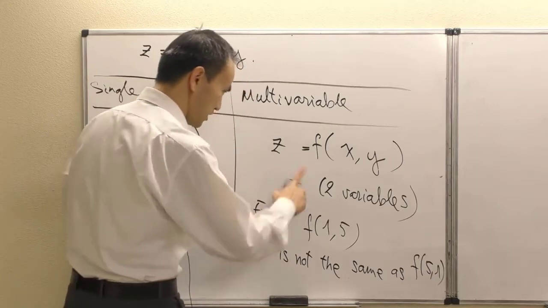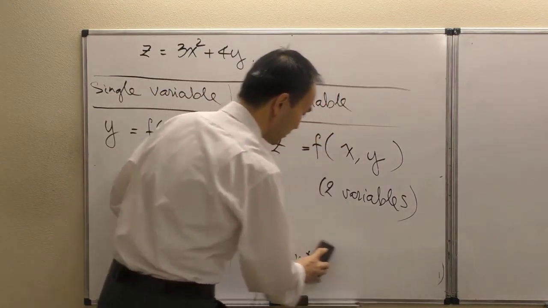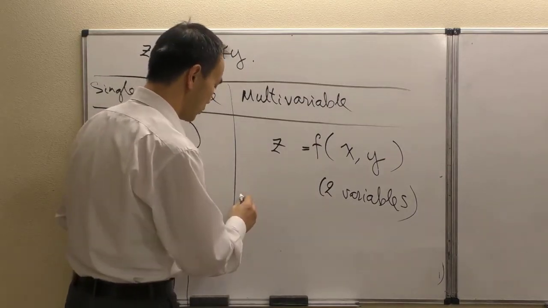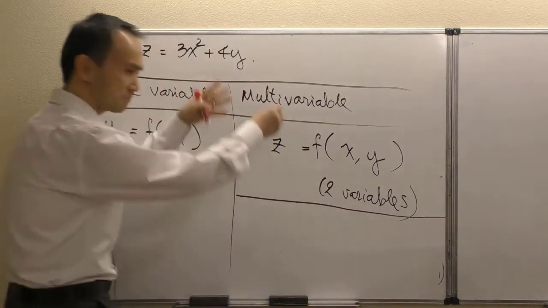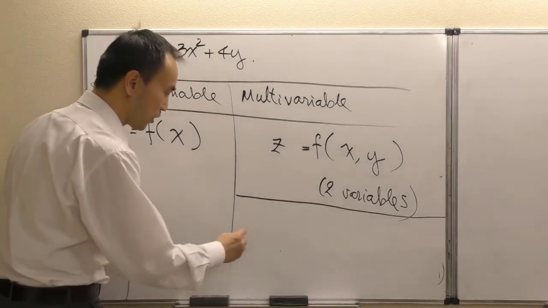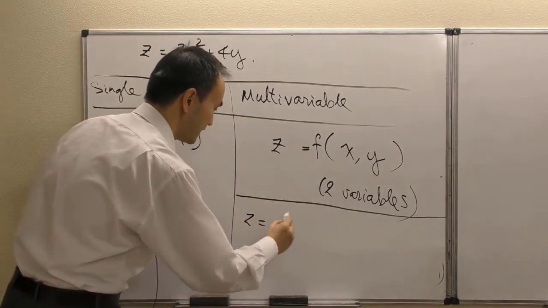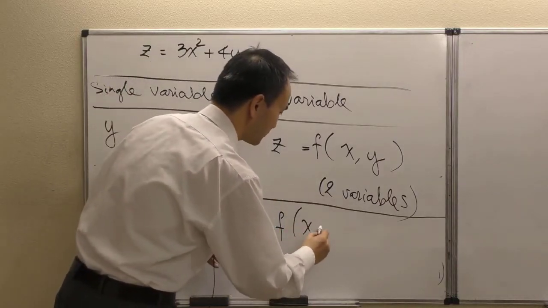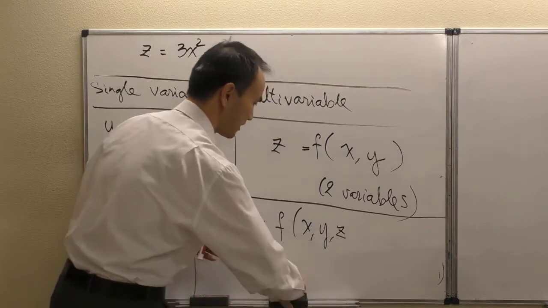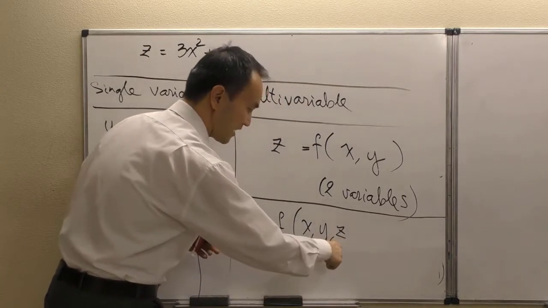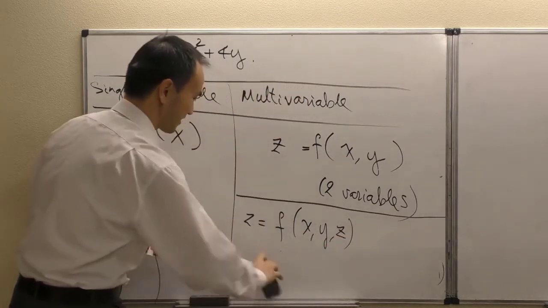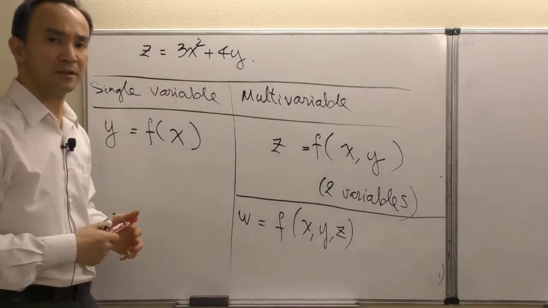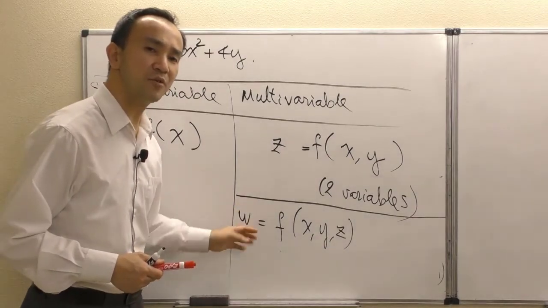I'm still going to retain that, but I'm going to erase this part because this is 2 variables. So what about 3 variables or more? On the same chart, I'm going to produce one more row. We can write f of x, comma y, comma z. And if I name z here as my input, then I should use w here, for example, as the variable that we name for the output.